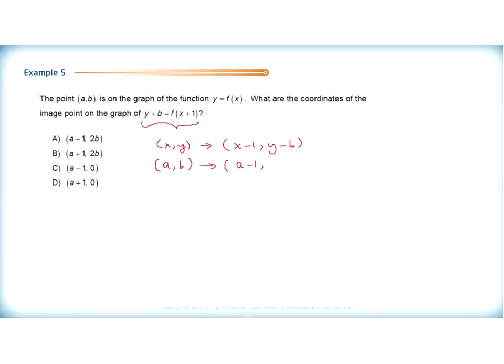Let's replace y with b, and we'll have b subtract b. And therefore the point AB will be mapped to a subtract 1 comma 0. The correct answer is C. So I simply created a mapping rule for that function, and I plugged in the point AB into the mapping rule to see where the new point will be mapped onto.